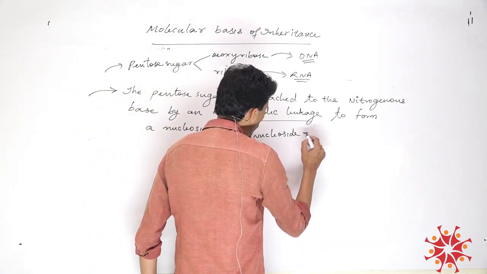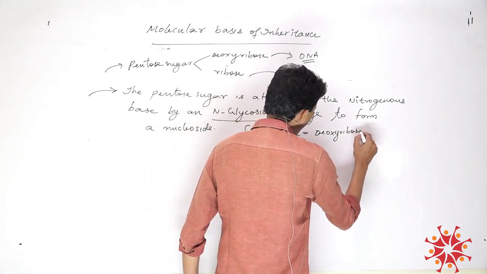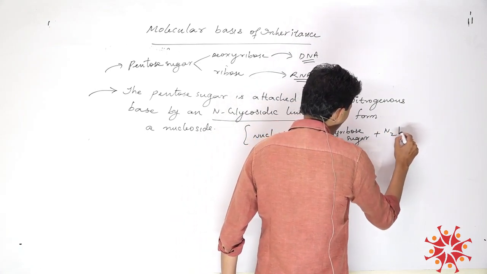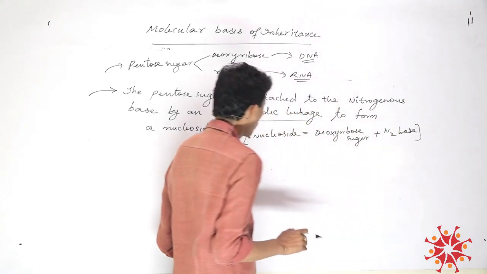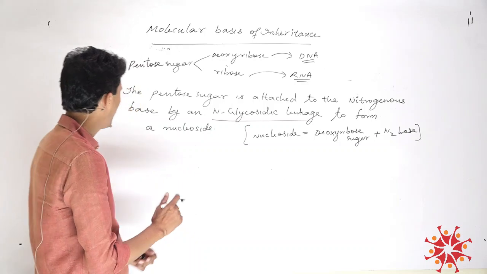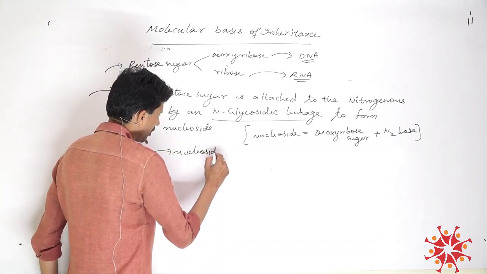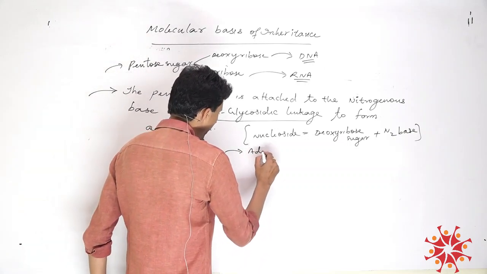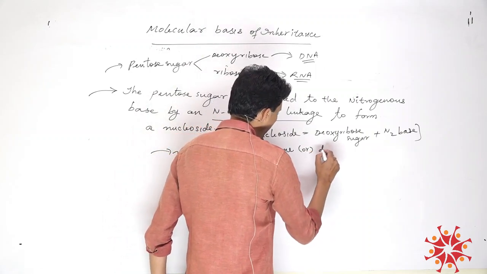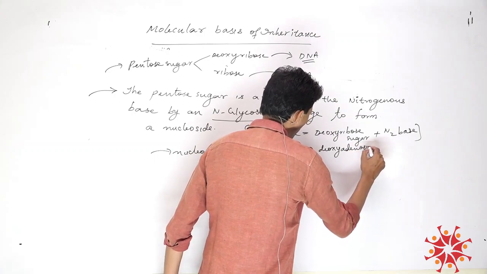nucleoside is equal to, in this case, deoxyribose sugar plus nitrogenous base, right? So simply nucleoside is equal to sugar plus nitrogenous base, right? And these nucleosides, you can say, in case of RNA it is adenosine, in case of DNA you call it deoxyadenosine.